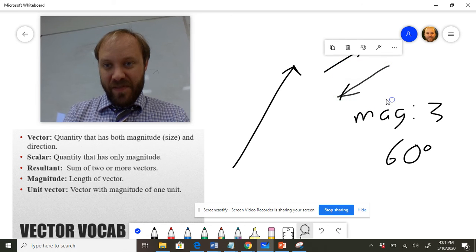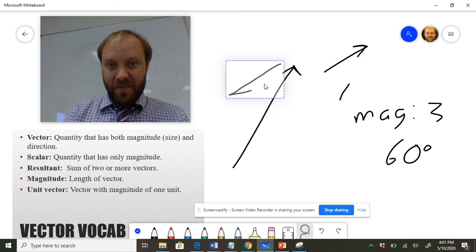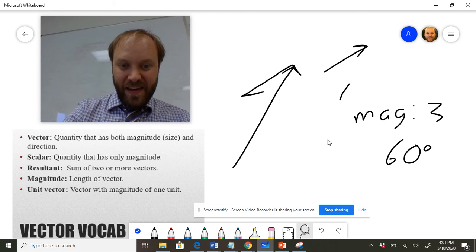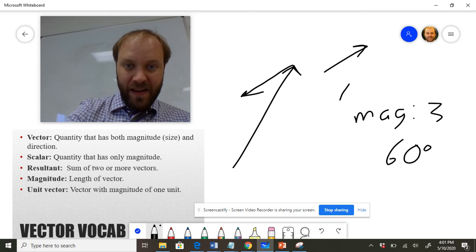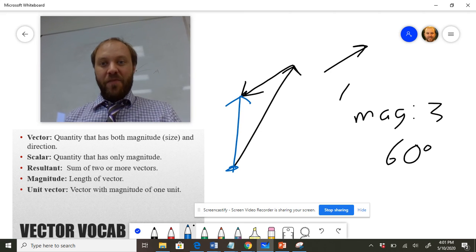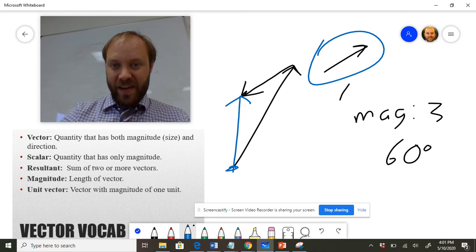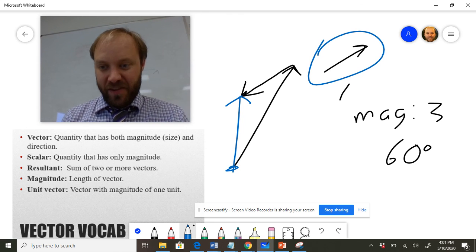So let me see if I can pick this up and move it. So that would be the first vector minus the second vector. And we can get the resultant vector here by going from the tail of one vector to the head of the other. And that would be the difference between our original vector and this other vector over here. We added the opposite vector to that.